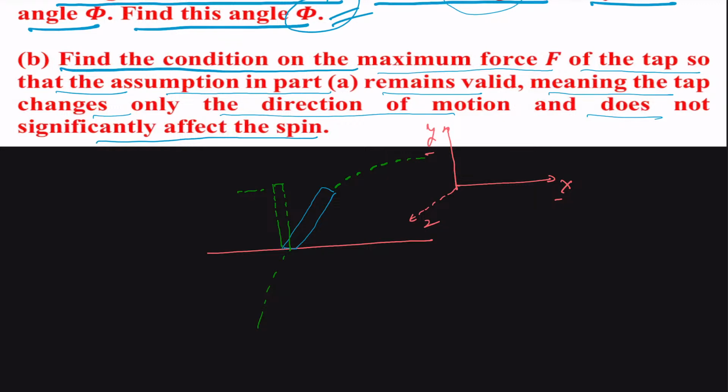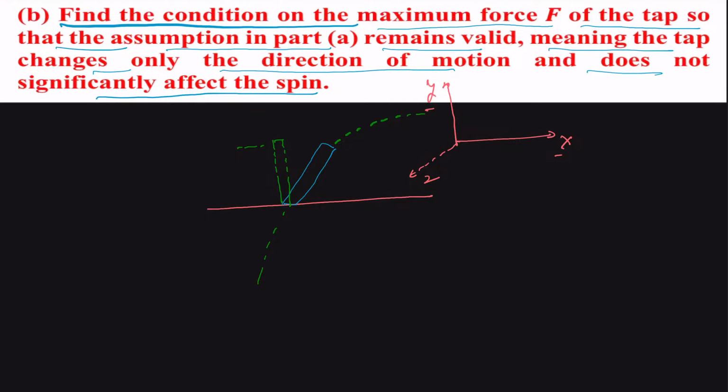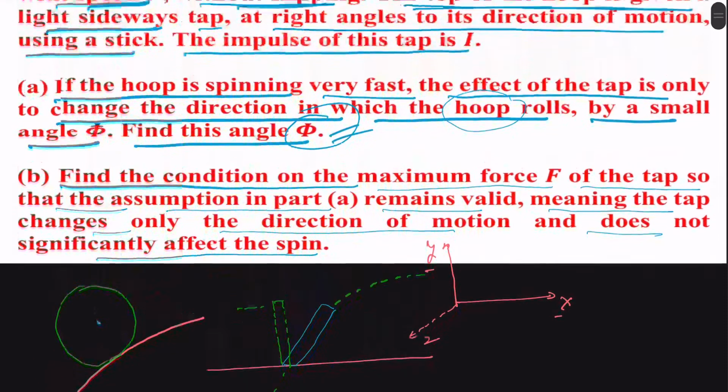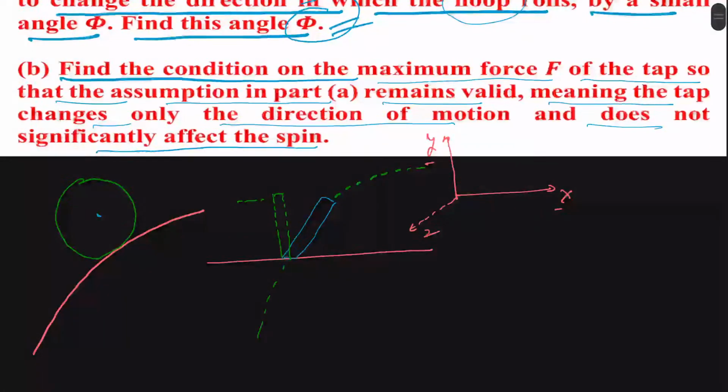And so if we draw the same figure from the side, let us suppose this is the circular track it is going to follow, and this is our hoop, and b is its radius, and this is the axis.